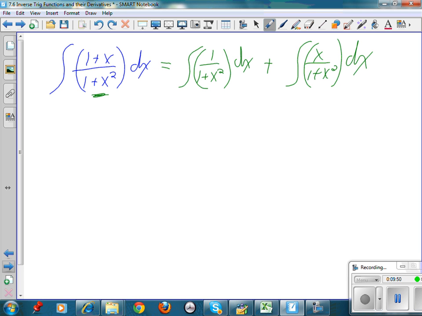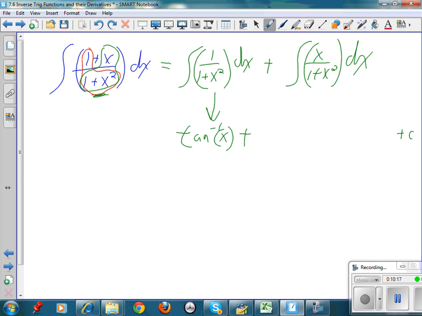I broke this out, that's one integral, and then I broke this out as another integral. Now I'm going to work on this one. Well, this one fits my pattern perfectly, right? I know that that is an inverse tangent. I'll put my plus C on this whole thing over here.